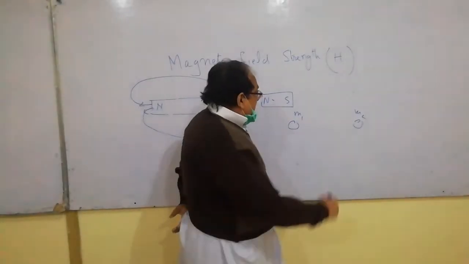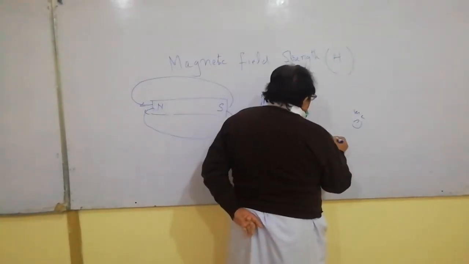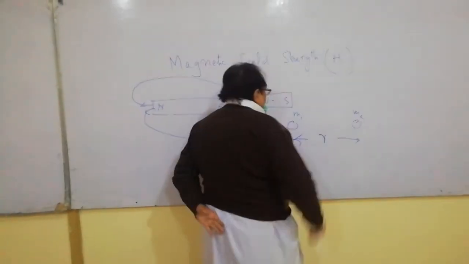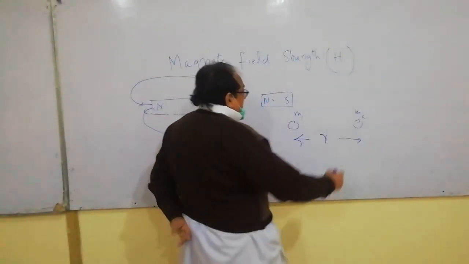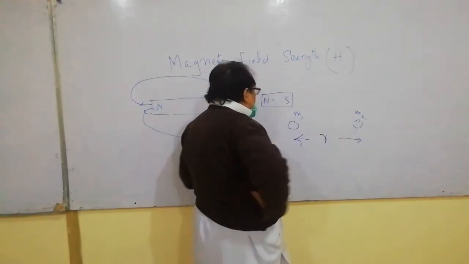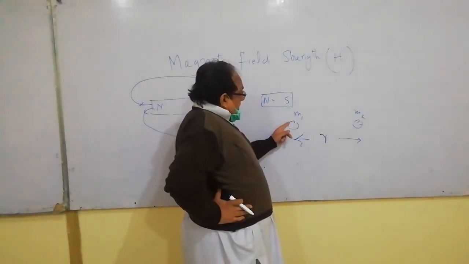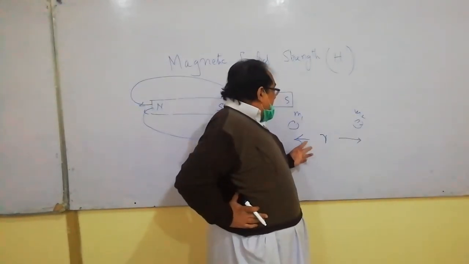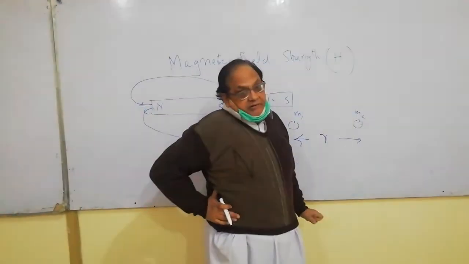Now let the distance between them be R meter. This is a magnet having two pole strengths, M1 Webers and M2 Webers, separated by a distance R meter.